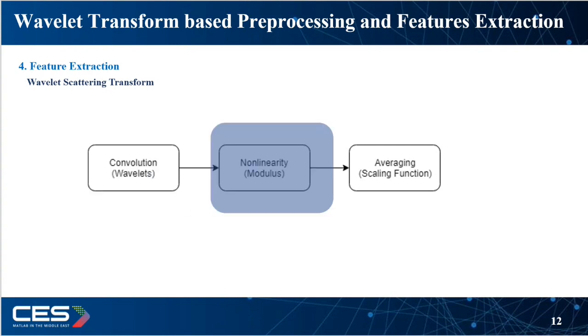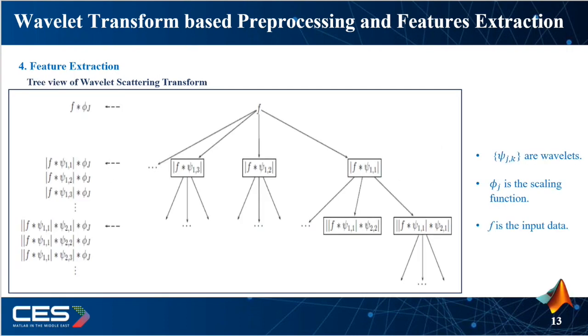Okay, these are the steps, as I said. There is another way to look at this and understand it further. We call it the tree view of the wavelet scattering transform. So this is my input signal, maybe an ECG signal. Let's take that as an example. The first row in my matrix of features is just the averaging of the signal.